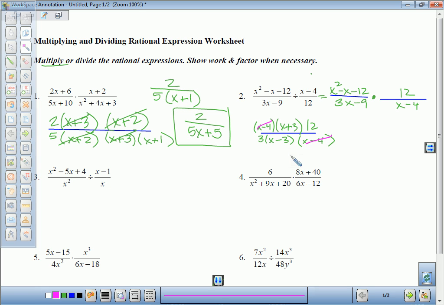That's it. Except for the 3. And the 3 goes into 12 4 times. So we're left with 4 times x plus 3 over x minus 3. And these, even though they're close, they're not the same. So they do not cancel. So our answer would be 4x plus 12 over x minus 3.